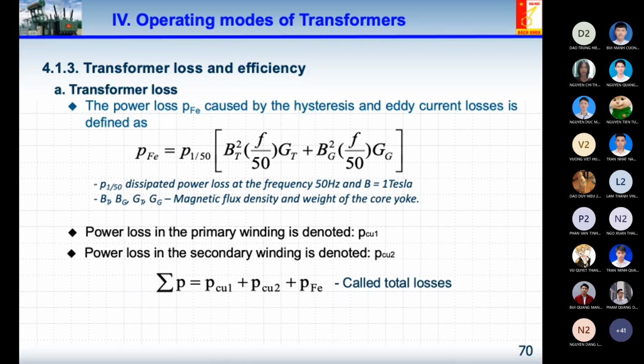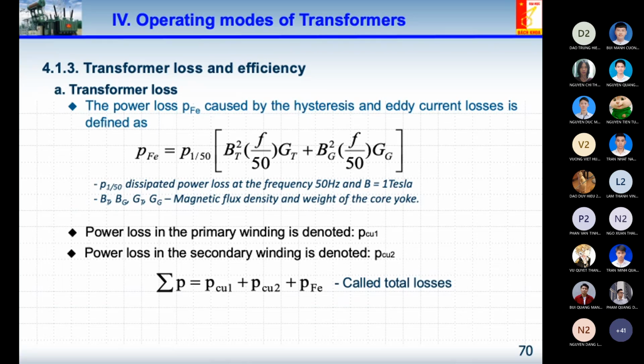We only compute the main magnetic flux flowing in the iron core, and for the fringing and leakage flux we have to assume that they don't influence the main flux.